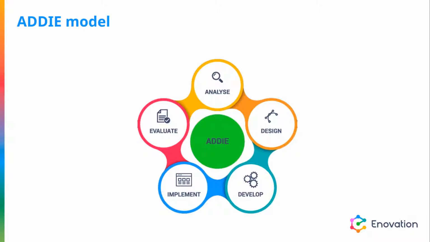So the ADDIE stands for analysis, design, development, implementation, and evaluation. As you can see, it's a cycle, and it can follow several iterations before you get the module that both you and your learners and your subject matter experts are happy with. So really, you could go through 2-3 cycles of ADDIE before you achieve the end result that you want.